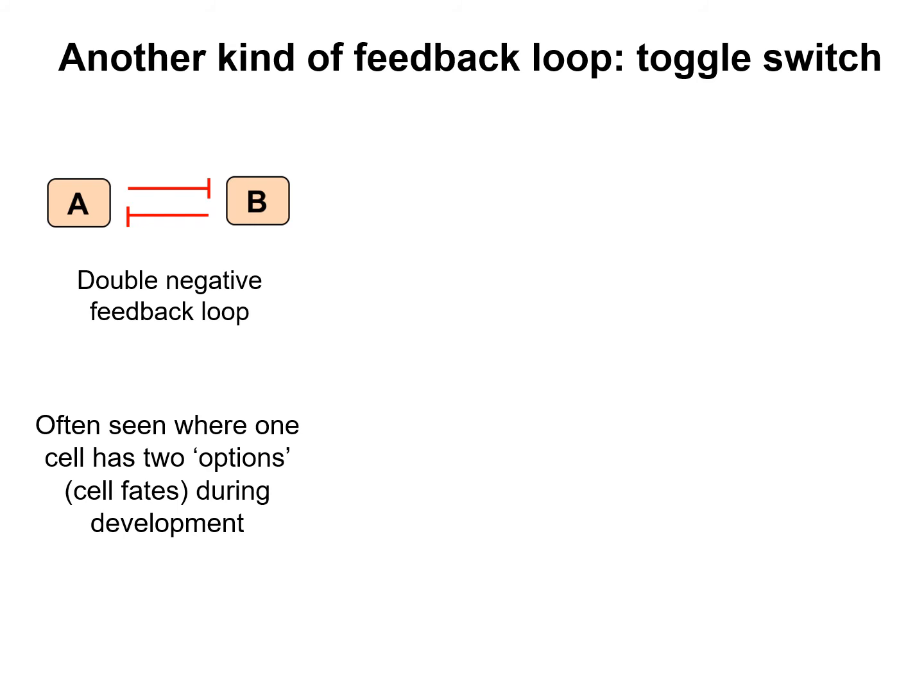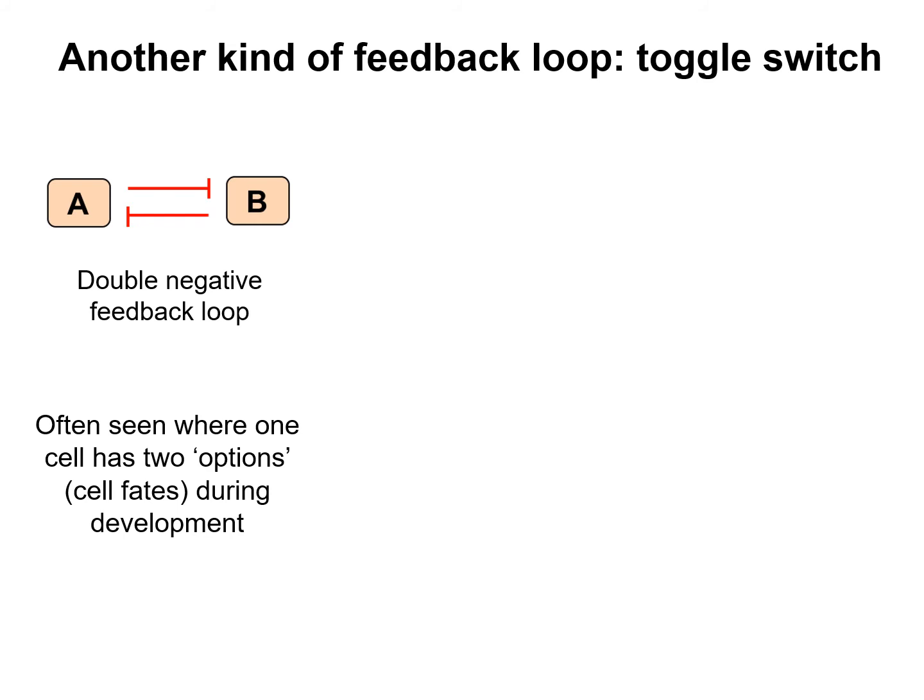The other possible scenario is that the levels of B are high and consequently the levels of A are low, or again, B is present at the party and A is absent. So this kind of feedback loop can actually lead to two different responses, and therefore it is often called a bistable system. Bi means two. The two responses being A high, B low, and A low, B high.